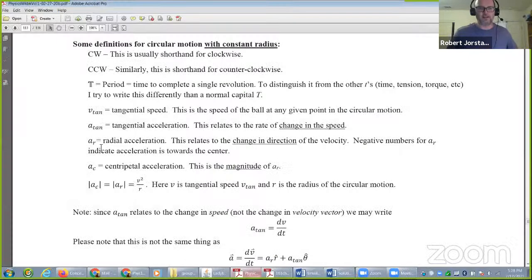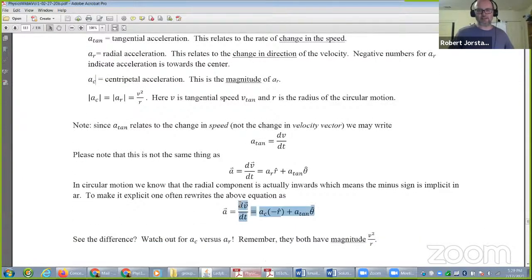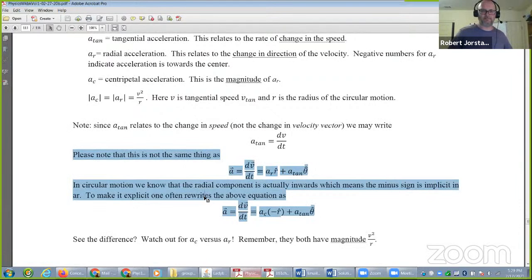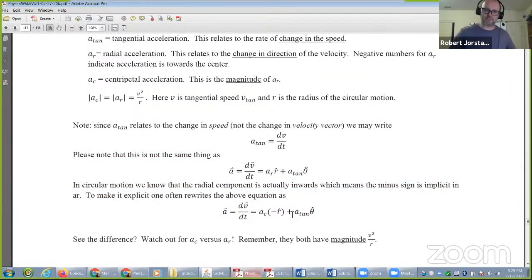Okay, here we go. Here's something you've got to watch out for: AR versus AC. If I look at these two equations at the bottom, notice there's a subtle difference. AR has the minus sign inside of it. AC is the magnitude of it.